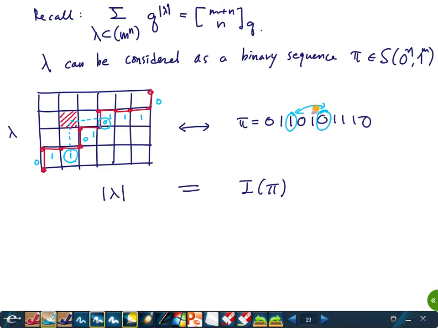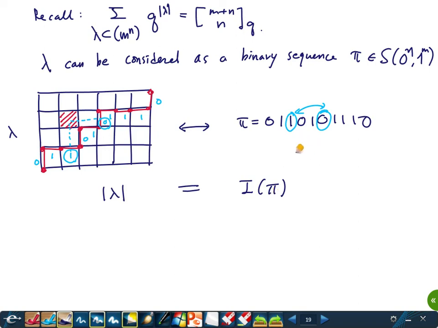For each inversion, you get one cell here. That exactly corresponds to this. This is the proof of this: one cell here is one cell corresponding to one inversion. Exactly. That gives you this fact.